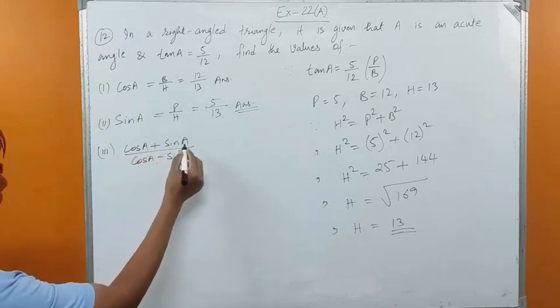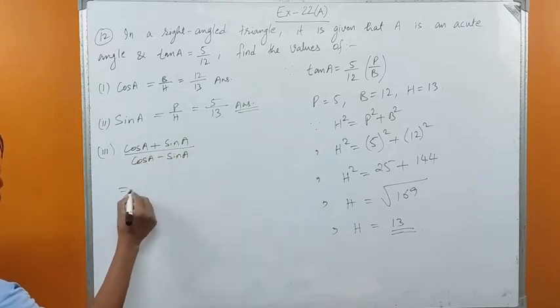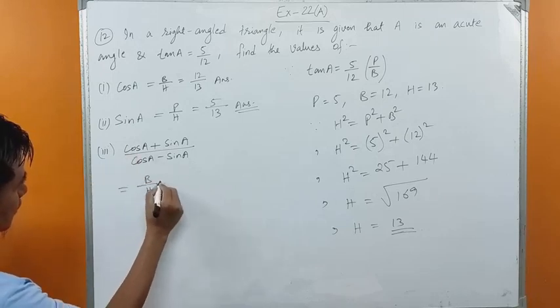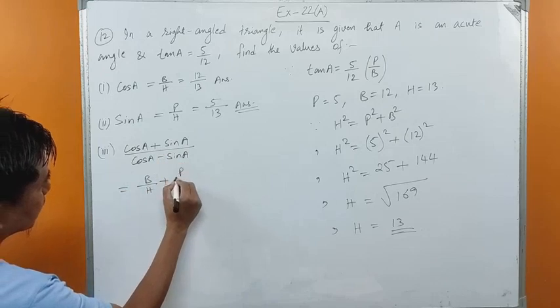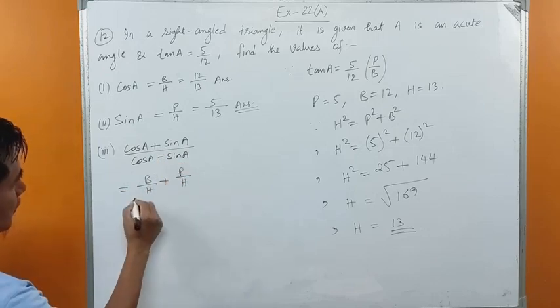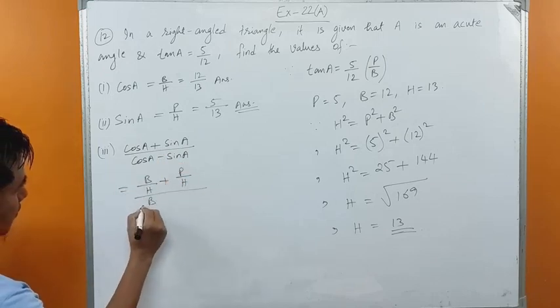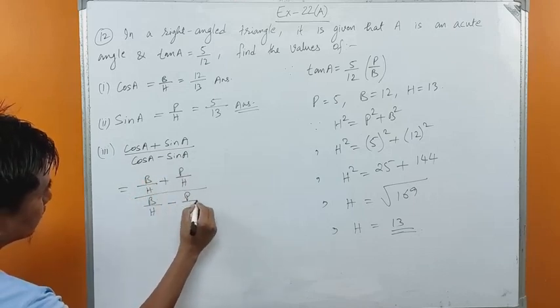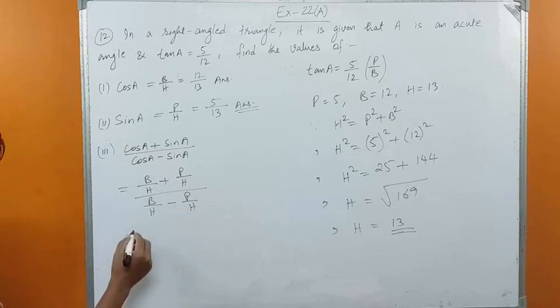Now, cos A plus sin A upon cos A minus sin A. Cos A means base upon hypotenuse, plus sin A means perpendicular upon hypotenuse, whole upon cos A, base upon hypotenuse, minus sin A, perpendicular upon hypotenuse.